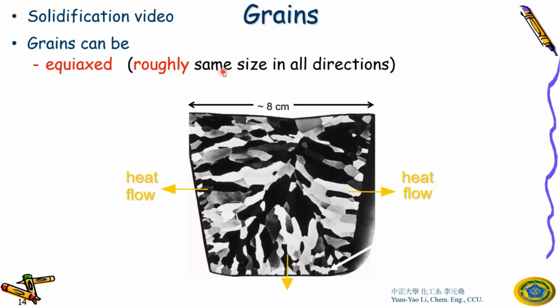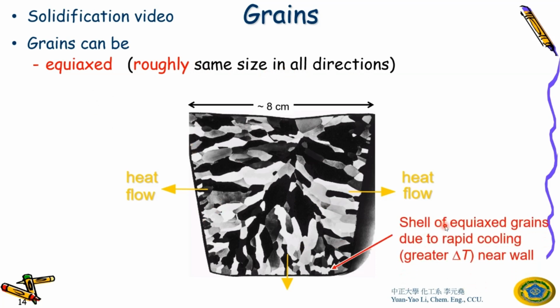Roughly the same size in all directions. So this is heat flow, and the growing direction is from outside to inside, because the outside is cool and the inside is hot. Equiaxed means roughly the same size in all directions.